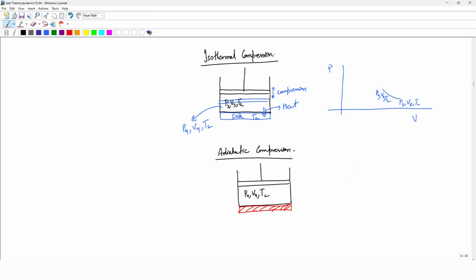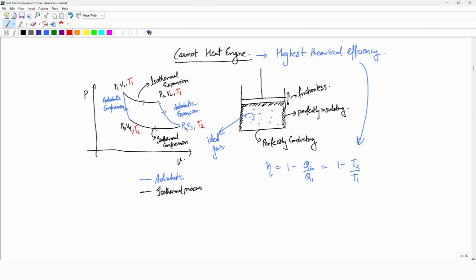Okay, so this process will look like this: P4 V4 T2 to P1 V1 T1. Okay, and altogether this process finally looks like this. Okay, so this is the final process.